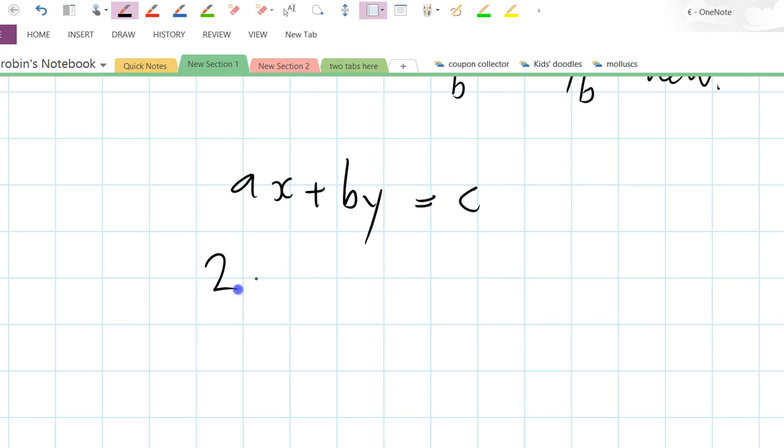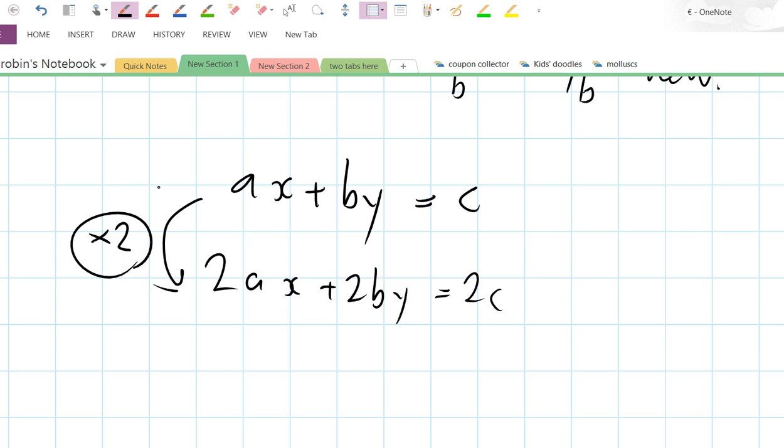I can say 2ax plus 2by equals 2c, just multiplying it by 2. And that's still a solution. So you can see that, in fact, I can multiply by any non-zero. I can multiply by 7. 7ax plus 7by equals 7c.